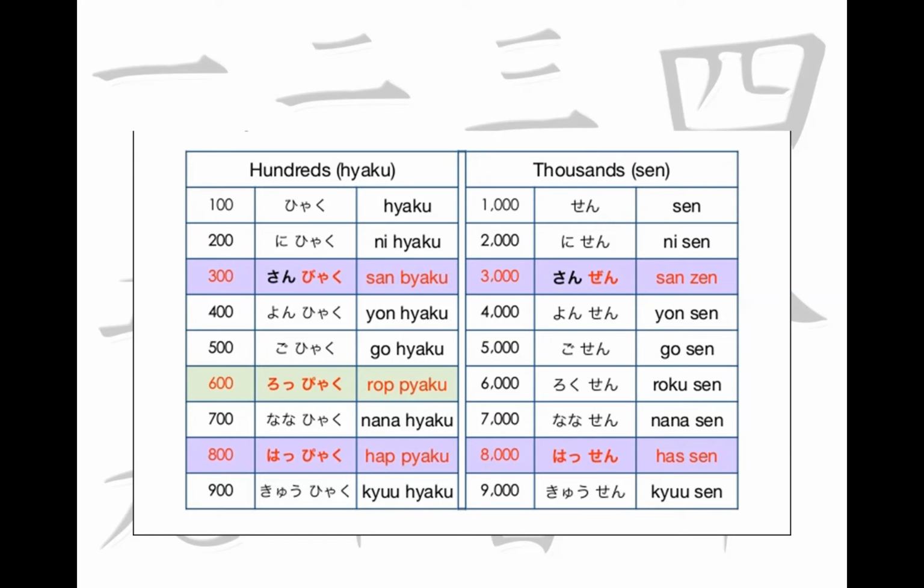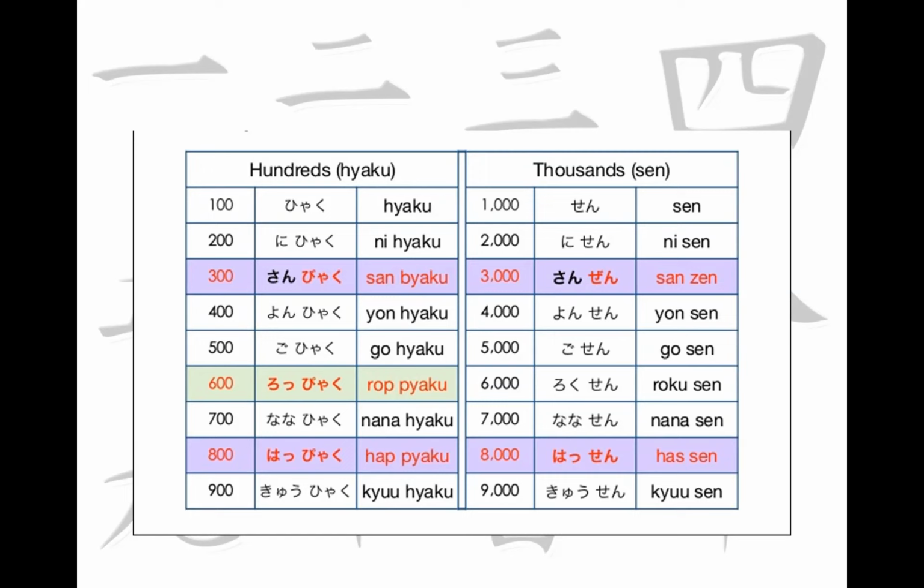500. Now, for 600, you have to listen carefully to what I'm about to say and please repeat after me. Rop pyaku. Again, rop pyaku. There's a slight pause between rop and pyaku. Okay, rop pyaku, 600. Now, for 700, nana hyaku.